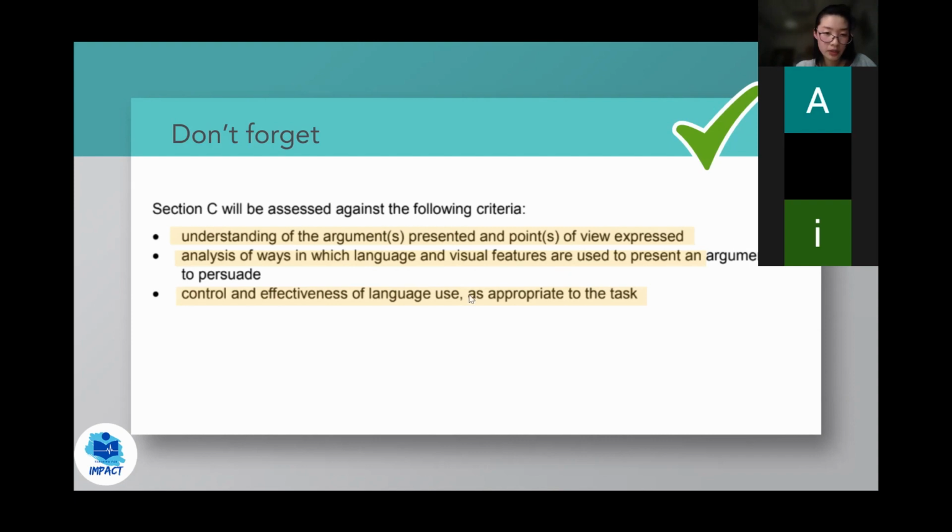Cool. And then finally, the third one is pretty standard for every essay. Your control and effectiveness of language use as appropriate to the task. And for this, I would just say that it's important that the writing is clear. It would also help if the handwriting is clear, just from experience. So writing is clear rather than having fluffy, fancy language everywhere.